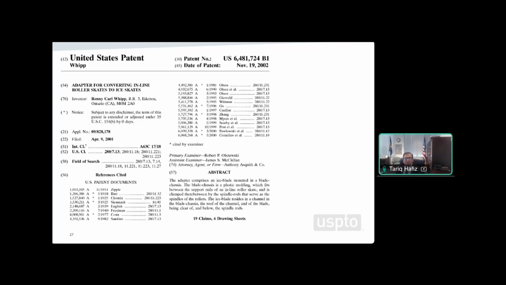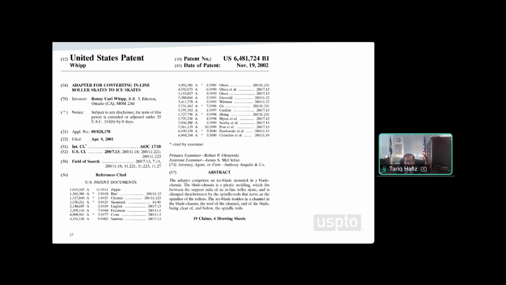If you want to see what this patent is all about, you look at the title, the abstract, the whole front page, and the drawings. This one is about an adapter for changing an inline roller skate into an ice skate. The adapter clamps onto the spindle rods of the rollers in order to insert the blade below the spindle rods.